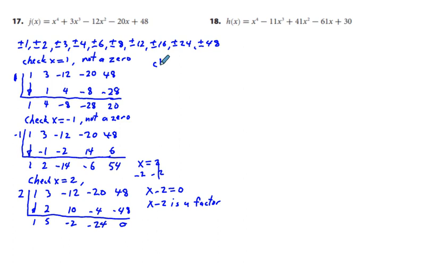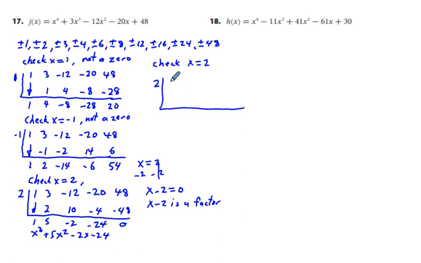We'll put check x is equal to 2. And to do that, we're going to take our 2. Again, we've already checked 1 and negative 1. So this time we're left with x cubed plus 5x squared minus 2x minus 24. So that's what we're going to use up here.